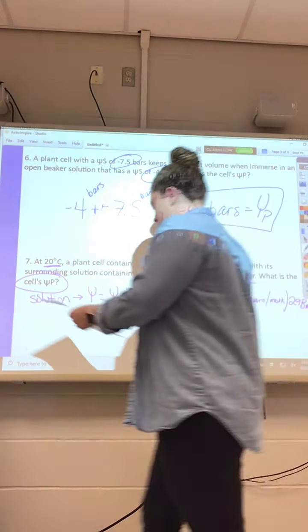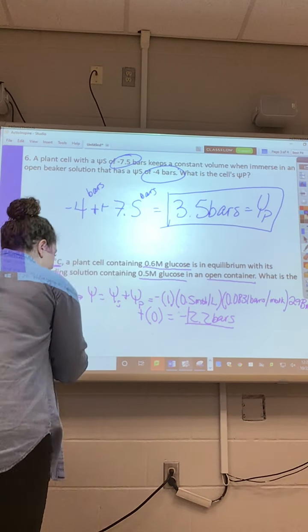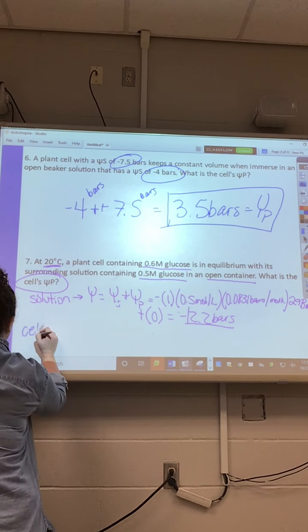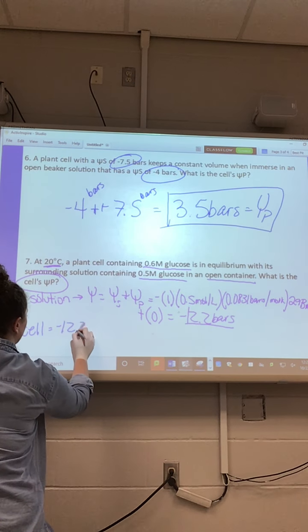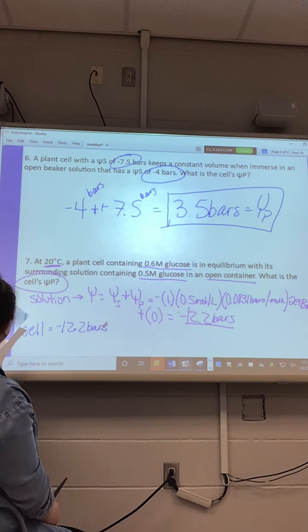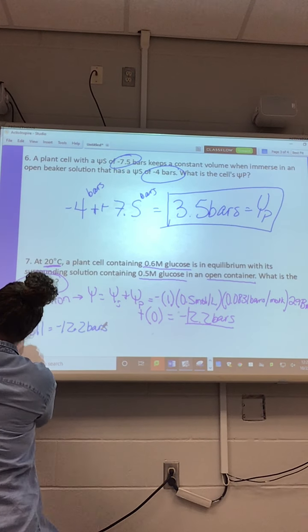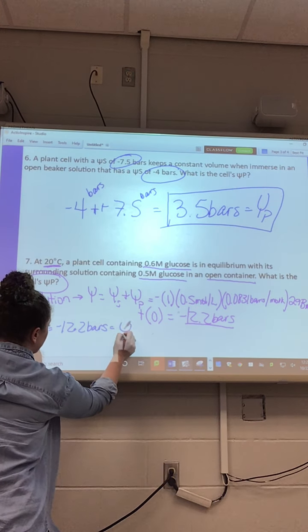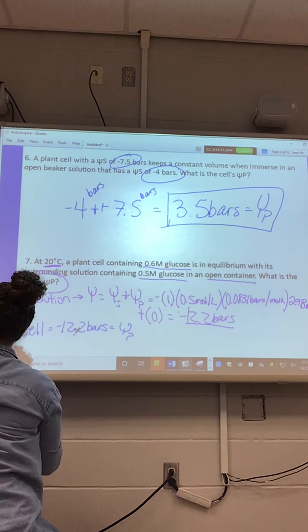So I'm going to go back to blue. So the cell at equilibrium is going to be negative 12.2 bars. I know this is a lot of reading. I'm sorry, guys. Because it's like equilibrium, we're going to put the 12.2 on this side.